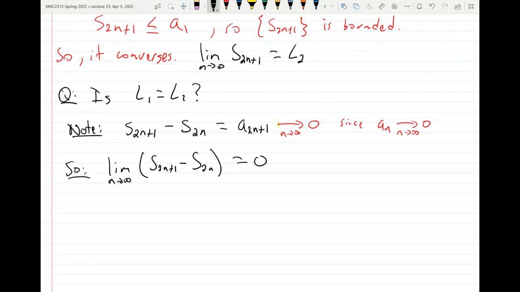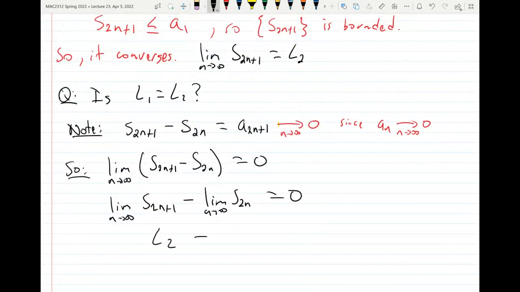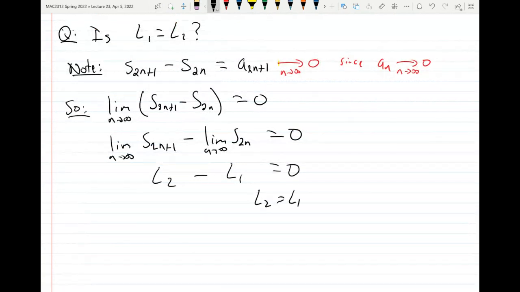But remember, the limit of the difference is the difference of the limits if the limits exist. Now, we just argued that these two guys converge, so they both have a limit. So this is going to be equal to the limit of this guy minus the limit of this guy, and that difference must be 0. We called this one L2 and this one L1, so that means L2 equals L1.